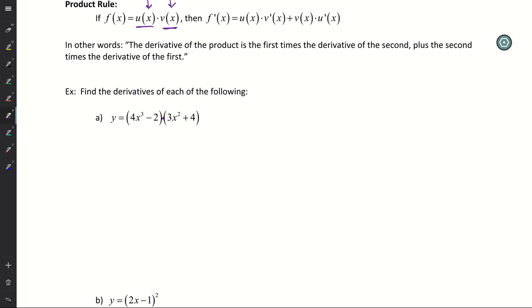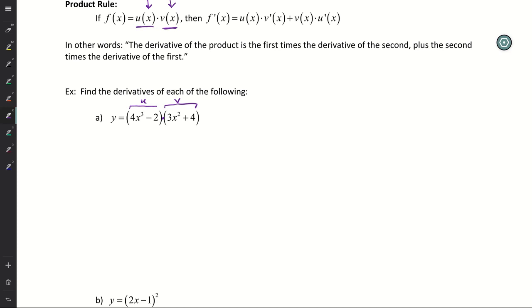But notice that you could actually FOIL these two binomials out and then just take derivatives as we've learned in the prior lesson. In this particular example, I'm going to rename this first function as u and then the second function as v. That way I'm able to better use my formula from up above.